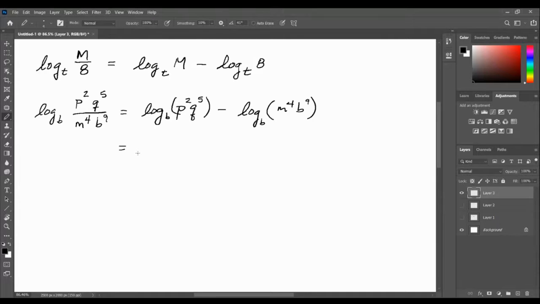So I could split this into log base b of p squared plus log base b of q to the 5th, minus, I'm going to put this in parentheses so I don't forget to distribute that negative sign, log base b of m to the 4th plus log base b of b to the 9th.